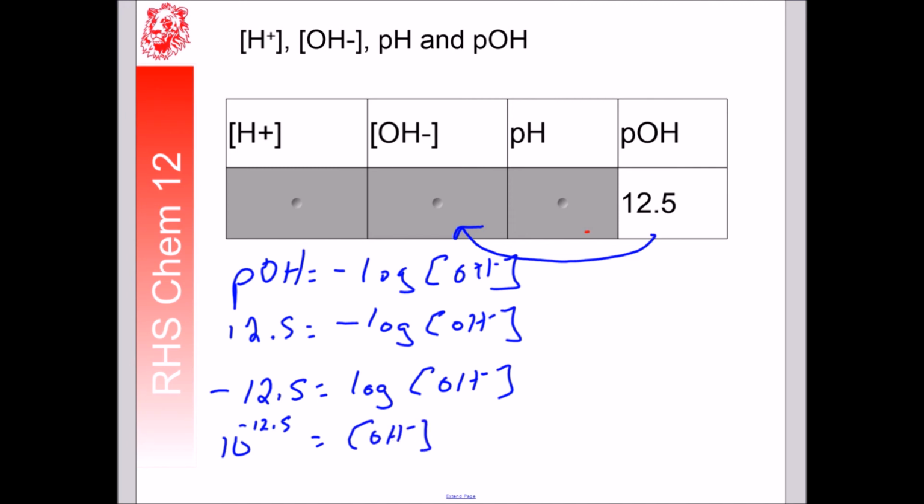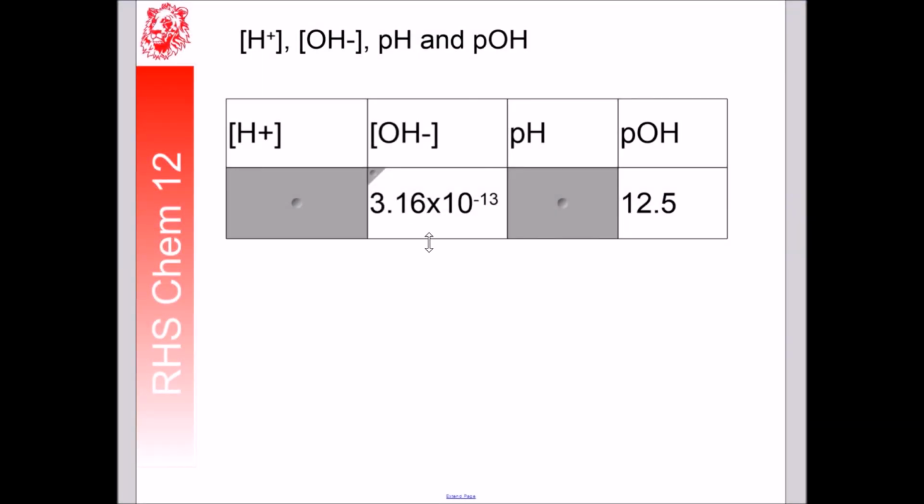And so then I type that into my calculator, looking for the 10 to the x button. And if I do that, I end up with 3.16 times 10 to the negative 13. Now that I'm at the concentration of OH minus, I want to go this way and practice my Kw formula.